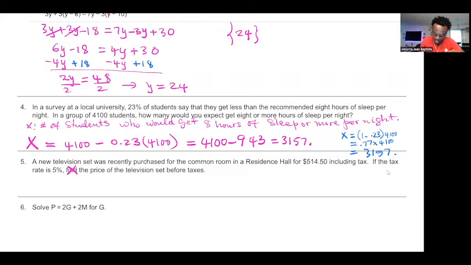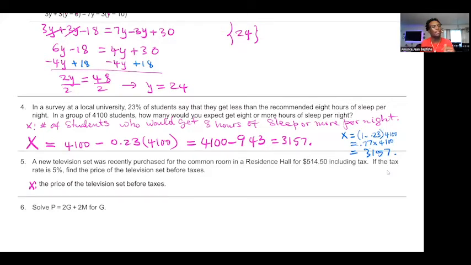You see, I purposely copy and paste this information for you to remember. That's what the question they asked me, that's exactly what my variable is going to be. Now, X is the price of the television set before tax.